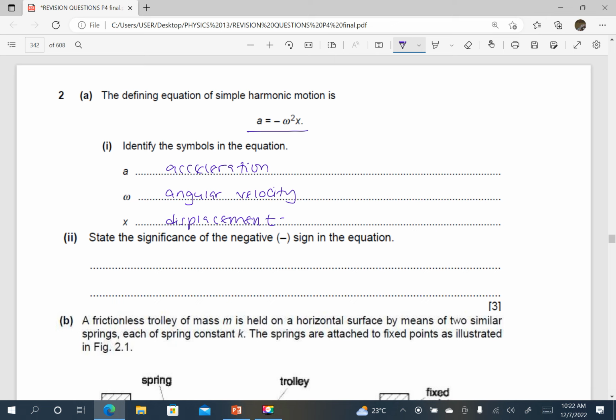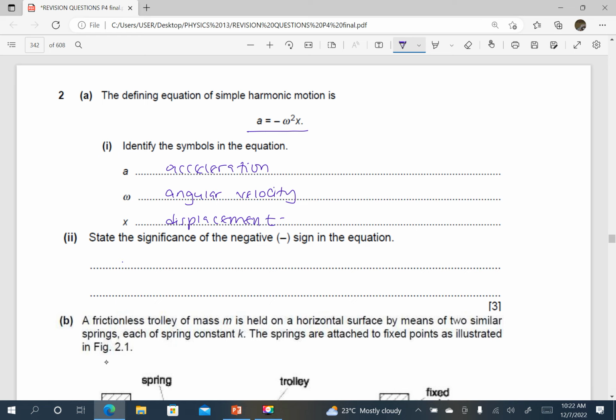State the significance of the negative sign. Of course, the negative sign indicates that acceleration and displacement are always in opposite directions, or it means that acceleration is directed towards the equilibrium position, or towards the mean position, or towards the center.